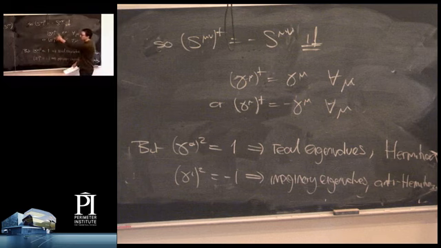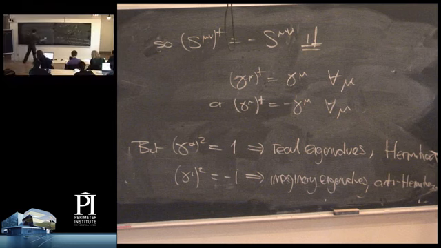But we need all of them to be the same if this was to be a unitary representation. Okay, so the reason this wasn't unitary is because of the minus sign in the Minkowski metric.